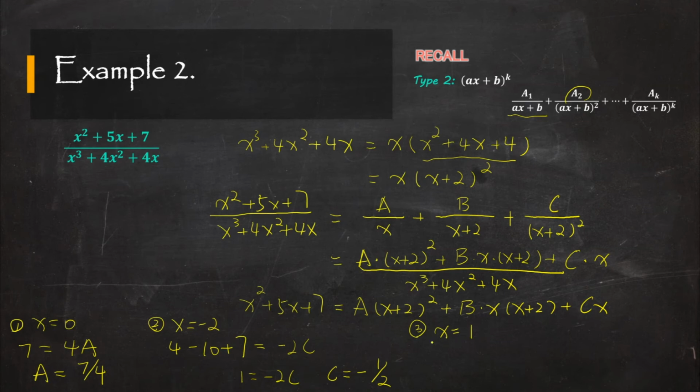So if x equals 1, I will have 1 plus 5 plus 7 on the left, and on the right is going to be 7 over 4 times this 3 squared, which is 9, plus 1, this is 3, so plus 3b, plus -1/2. So here, just by doing the algebra, you will get b equals -3 over 4.